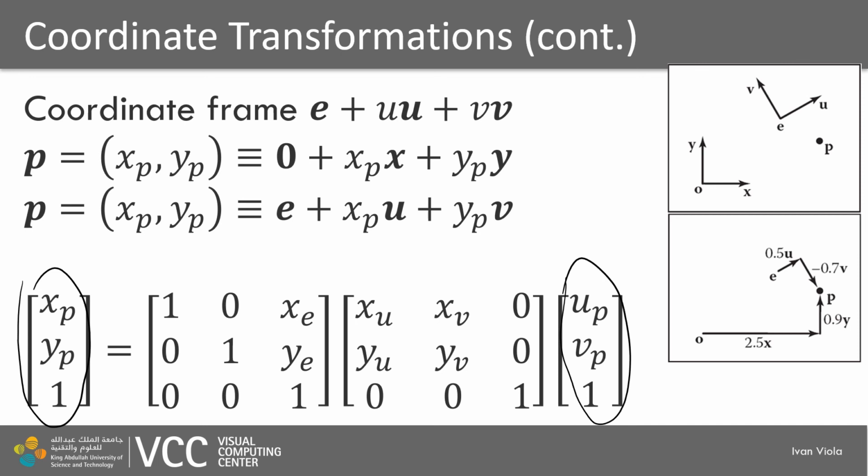Imagine where the point P is with respect to UV coordinates. We could say it would be something like 0.5 U plus or minus approximately 1 V, right? So the V will have a negative value.